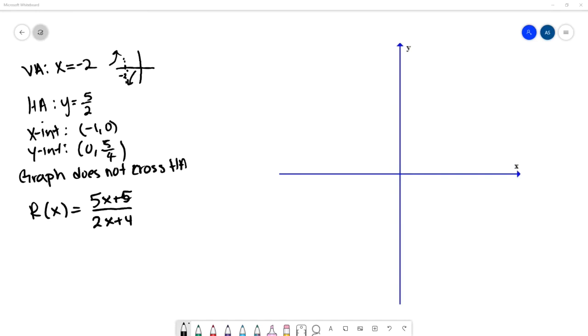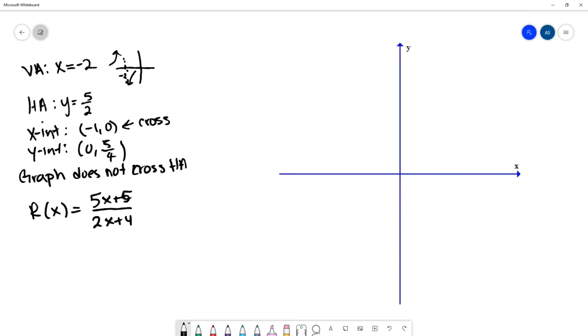We found both an x-intercept and y-intercept, and if you'll recall, we did find that our graph crosses at that x-intercept. We have a y-intercept at 0.5. We know the graph does not cross the horizontal asymptote. So we're going to take all that information and draw a sketch of this graph.